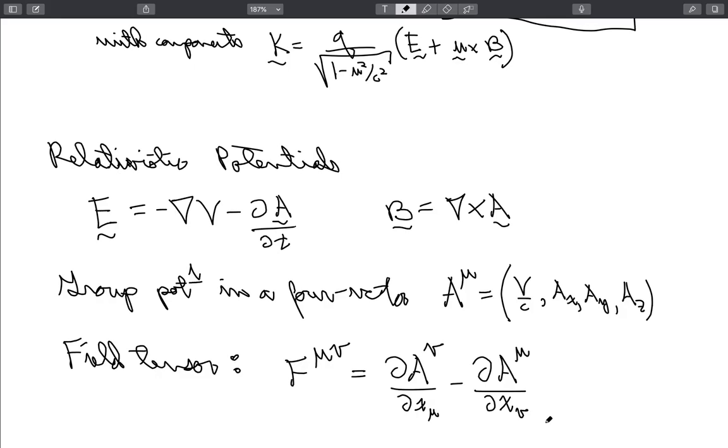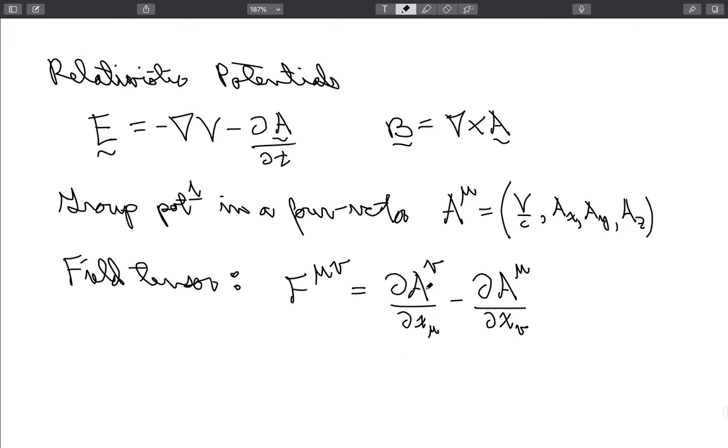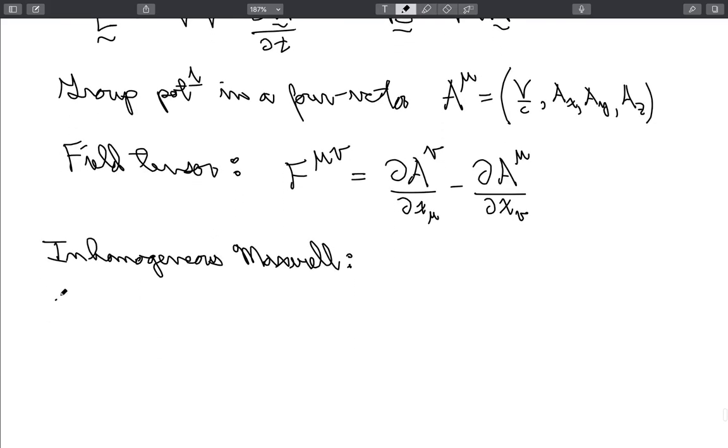Okay, again, the proof of this is just a substitutional exercise. I think you just have to do it and see. If you look at the inhomogeneous Maxwell equations, because the homogeneous ones, as you remember, are automatically fulfilled, then what did we have? We had that ∂F^{μν}/∂x^ν was equal to μ0 J^μ.